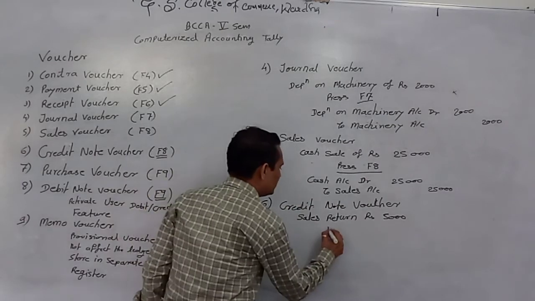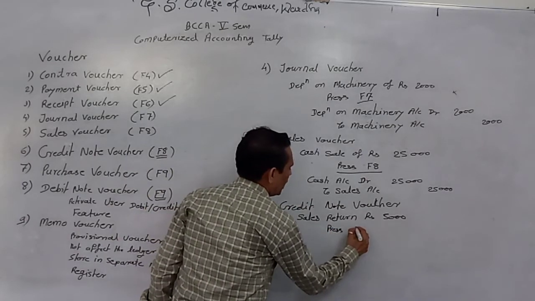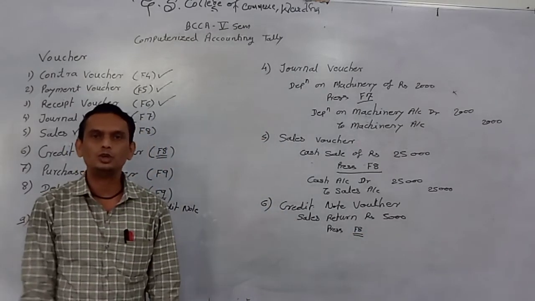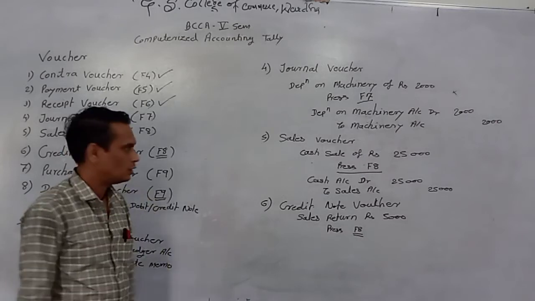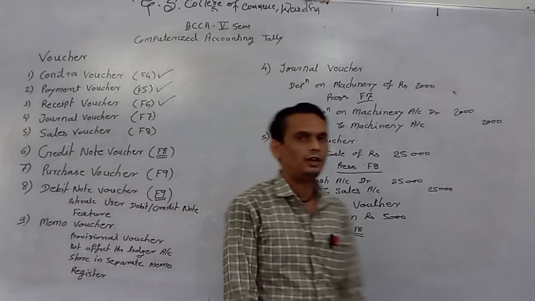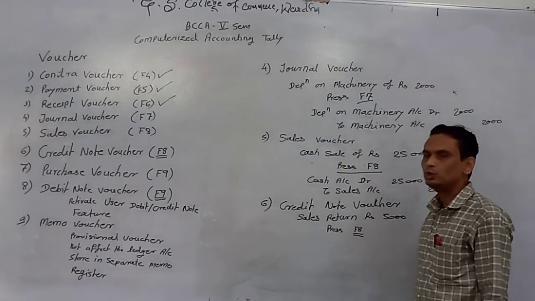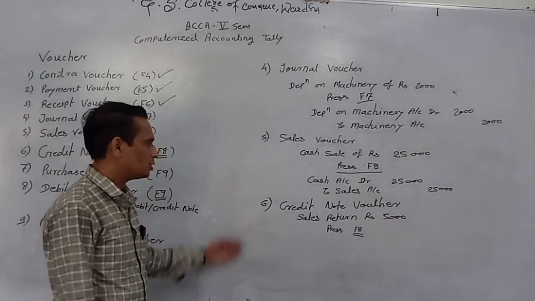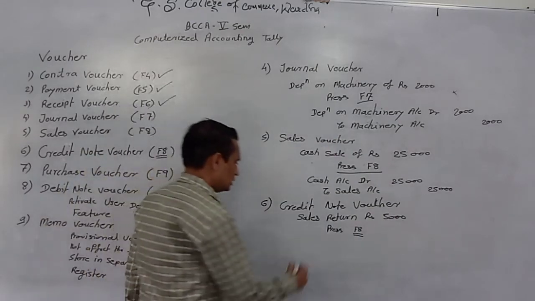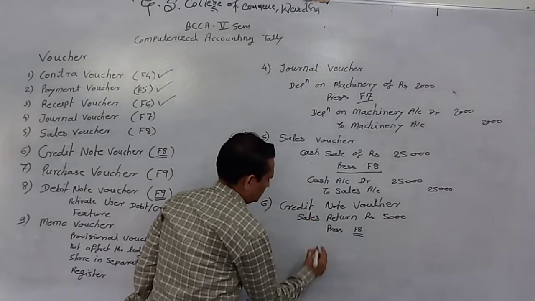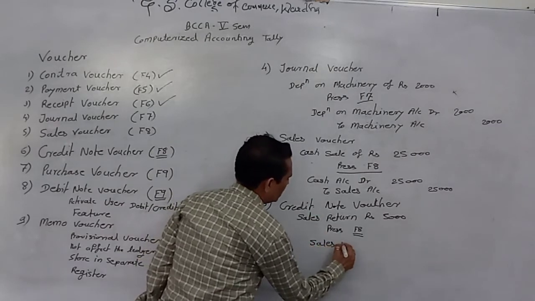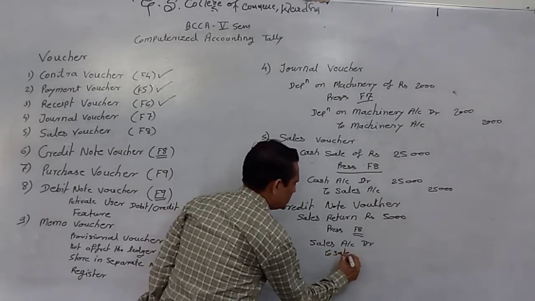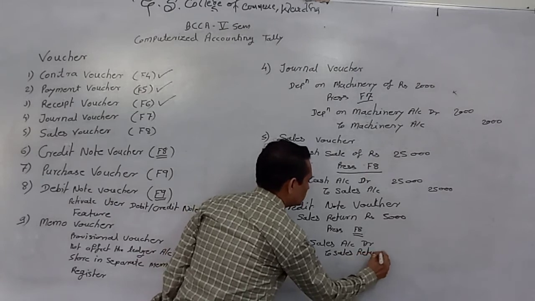For that, press F8 with control, the Control F8 combination, or click on the Control F8 credit note voucher button on the vertical button bar. So the transaction would be sales account debit to sales return account.